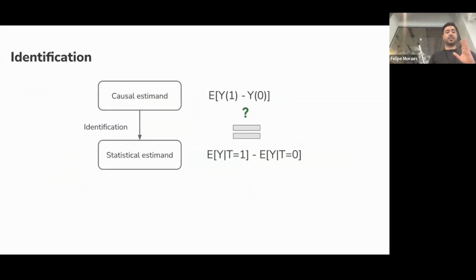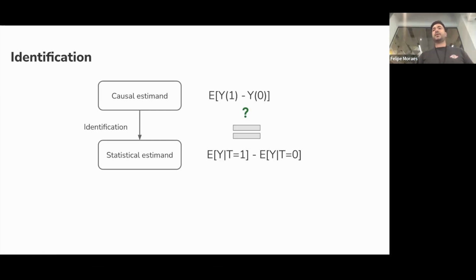What I have talked to you about is what we call going from the causal estimate to the statistical estimate. This is what in causal inference we call identification. We have a causal estimate that we want to estimate, and we have to provide an identification where we can say that statistically I can estimate this value that is a causal estimate.